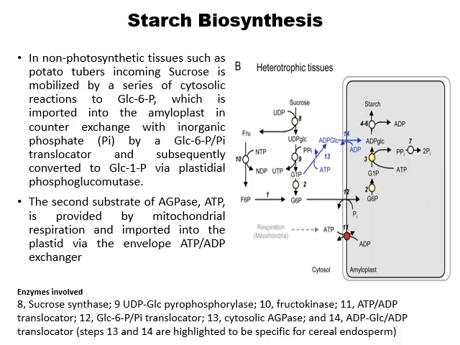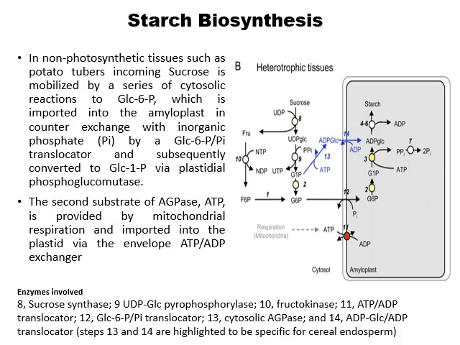Now one small modification is observed in cereals. So you'll see this pathway of sucrose getting converted into UDP glucose and fructose, then UDP glucose getting converted into glucose 1-phosphate, and glucose 6-phosphate entering into the amyloplast through this glucose 6-phosphate translocator in potato tubers.